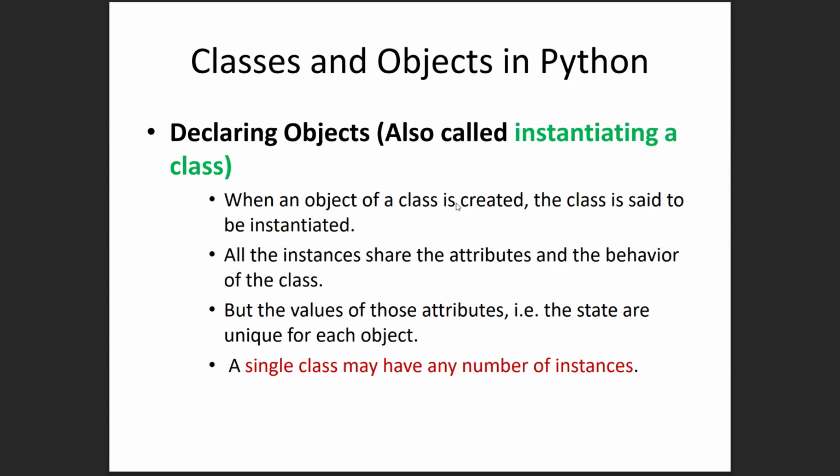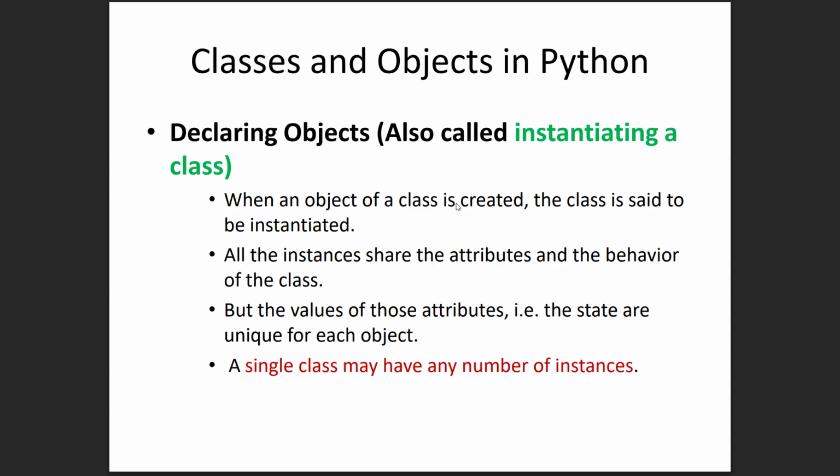Next, but the values of those attributes, the states, are unique for each object. They will not contain duplicate values for different objects. They are unique for each object. A single class may have any number of instances.